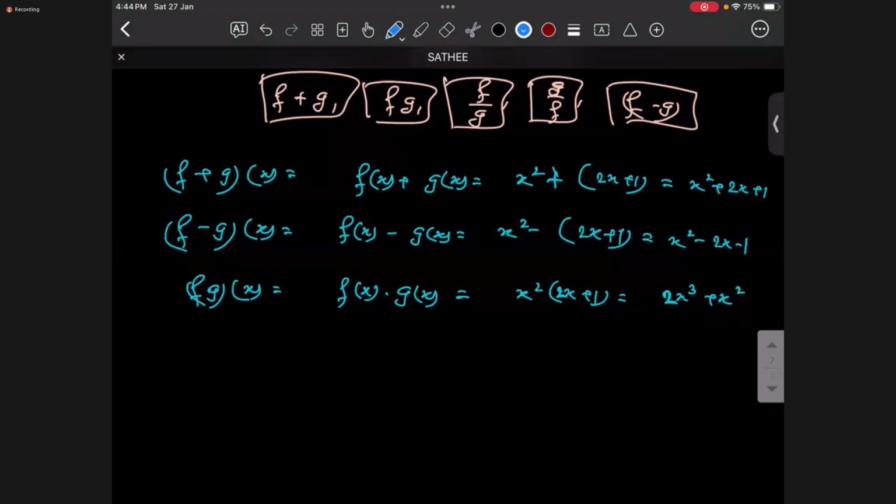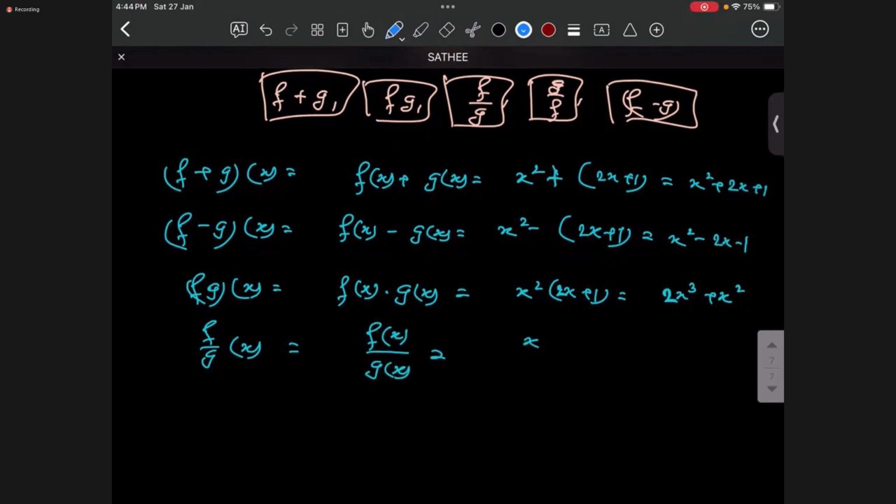What about f by g of x? This is nothing but f x by g x. This implies x square by x plus 1. Fine.